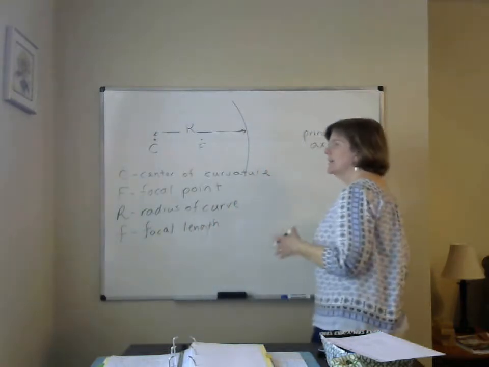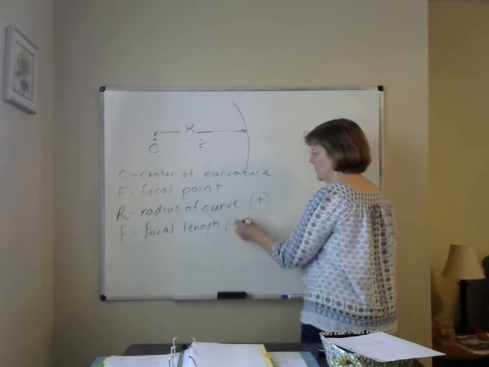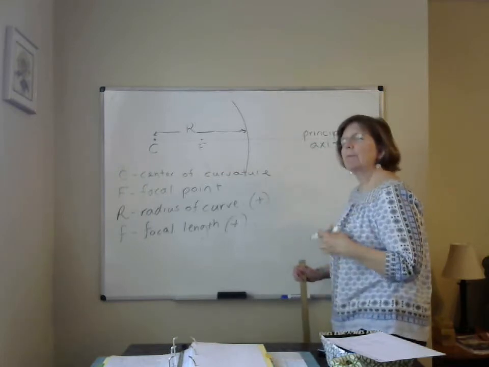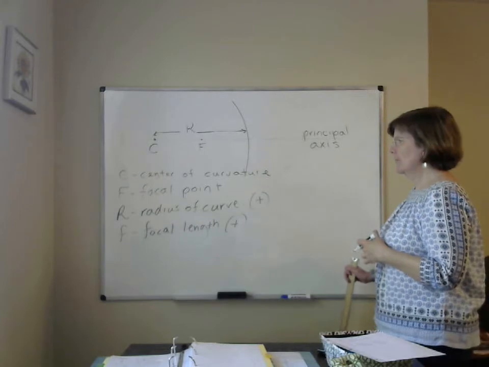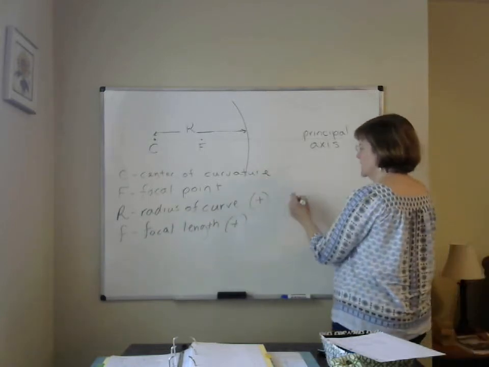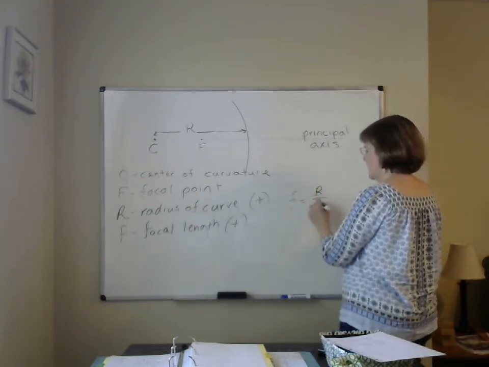For a concave mirror, the radius of curvature and the focal length are both considered to be positive. The focal length is probably the most commonly referred to number in describing the way a mirror behaves. The relationship between these two is that the focal length is exactly half of the radius of curvature.